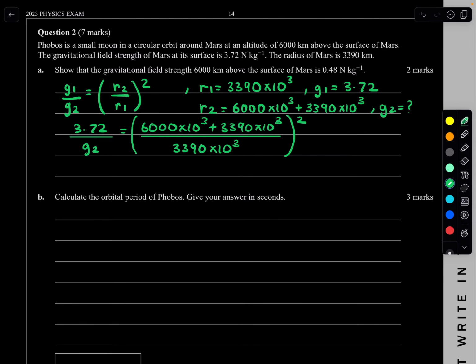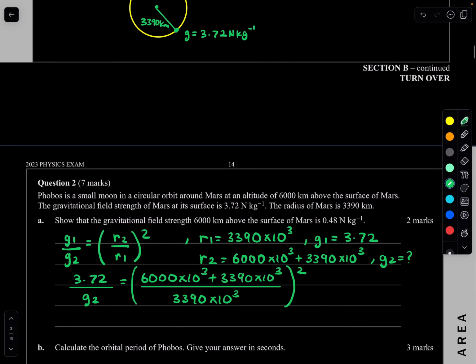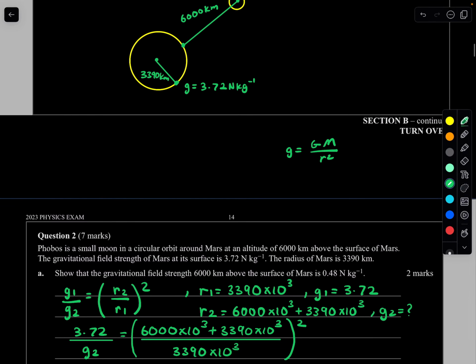And so you can calculate g2 using algebra. That's how I would do it. There's many ways. For example, you could have used g equals GM over r squared to calculate the mass of Mars, and then do it for that new point. But I think this is just a better way.